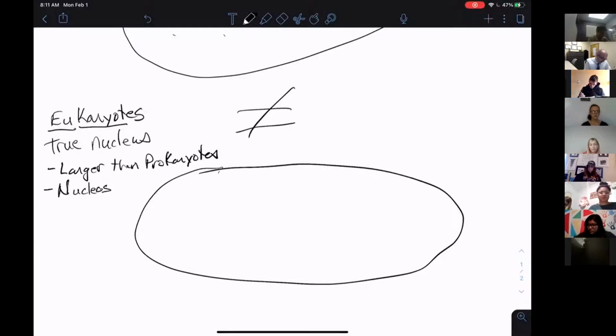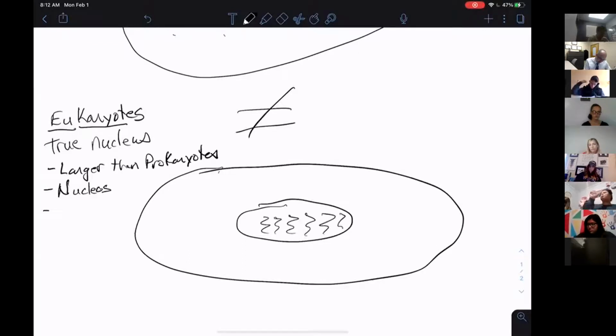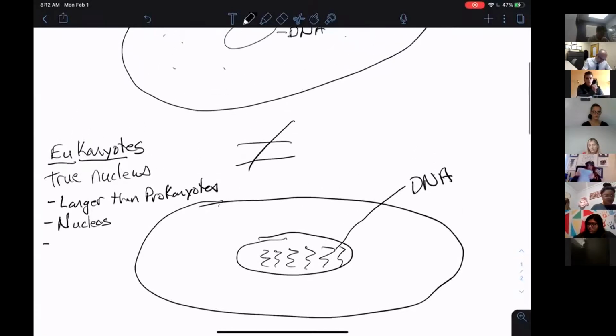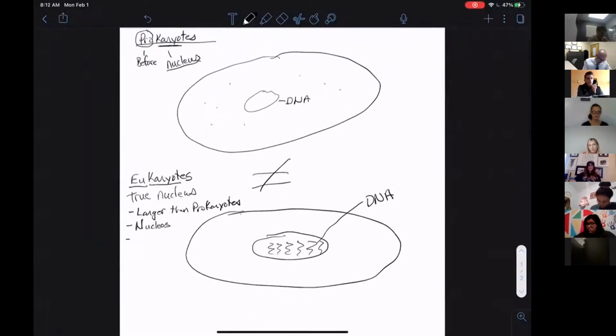They also have lots of small structures inside of them. So they've got a nucleus. Here's a nucleus, and inside the nucleus, you've got lots of DNA. So this is the DNA in this case. Now notice, let's see if I can shrink this down a little bit. There we go. Notice the DNA in the prokaryote is circular, and the DNA in the eukaryote is kind of a line, like a string.